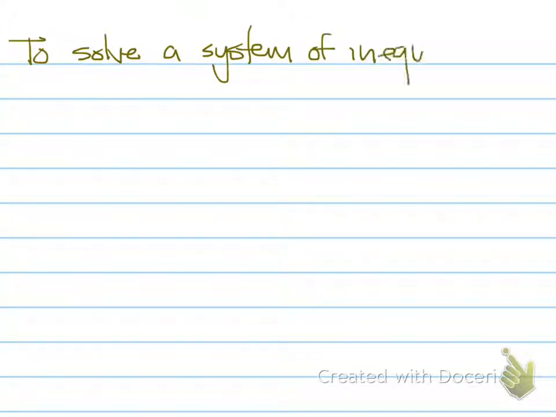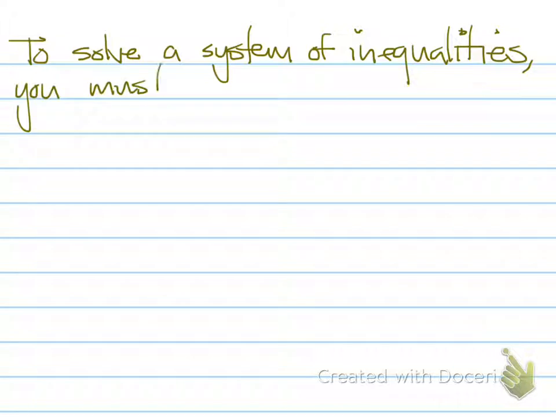In order to solve systems of inequalities, you have to graph the functions in the system, and the lines that you're using to graph the functions should either be solid or dashed.